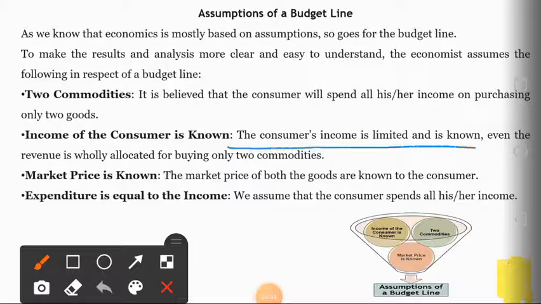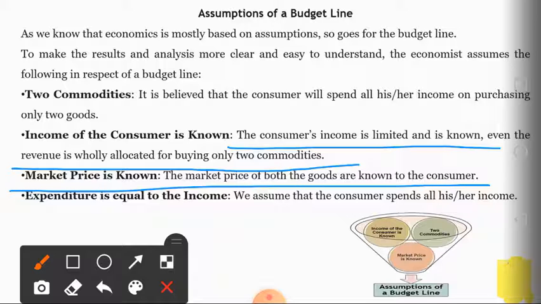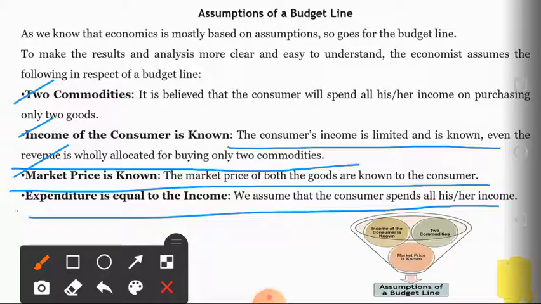The consumer's income is limited and is known. Even revenue is wholly allocated for the buying of only two commodities, and the market price of both the goods is known to the consumer, and we assume that the consumer spent all her income. So these are the assumptions before making the budget line that we should keep in mind.